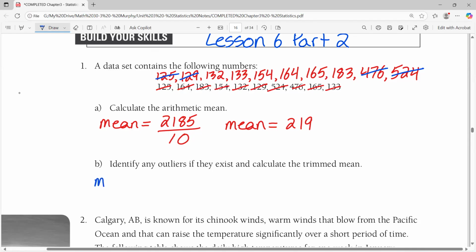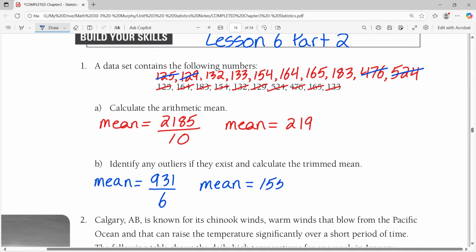So then the trim mean would be 132, 133, 154, 164, 165, and 183, for a total of 931 divided by 6. Okay, divide that by 6, and we get 155.